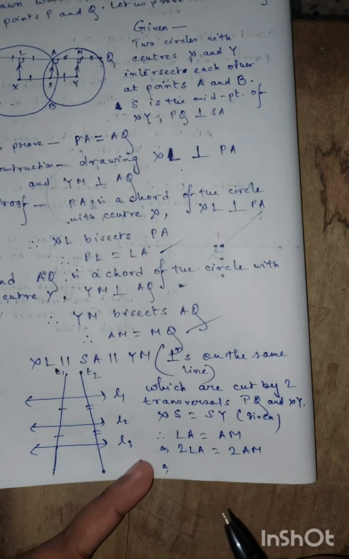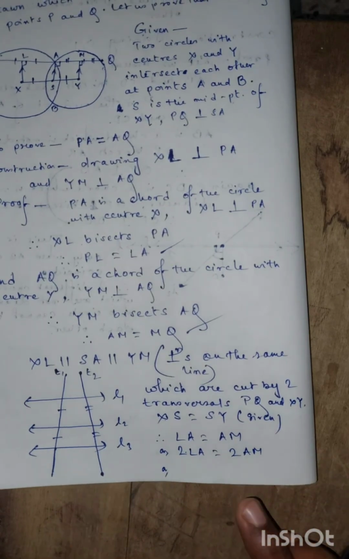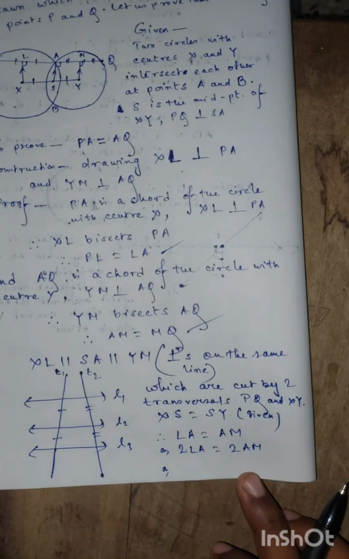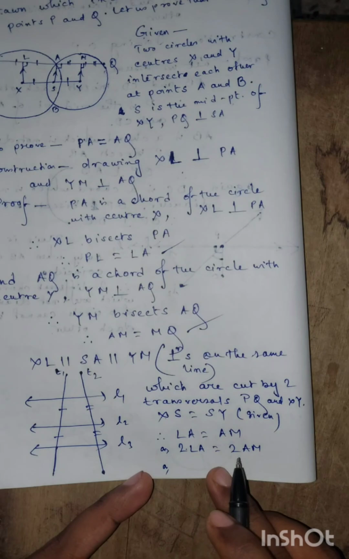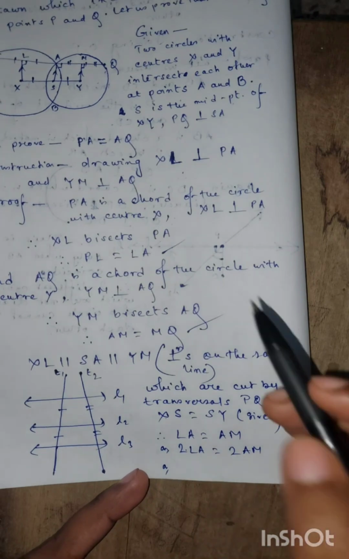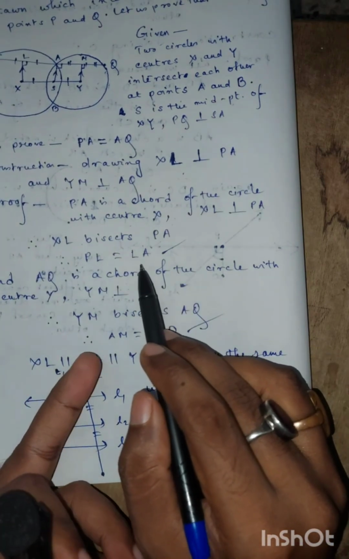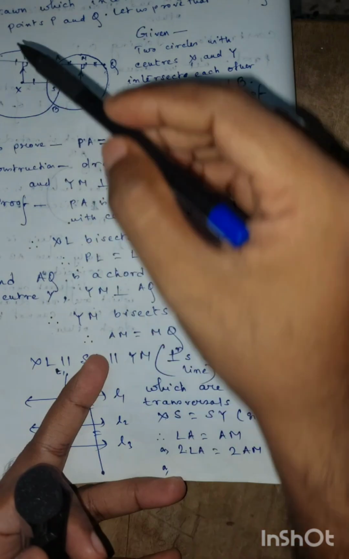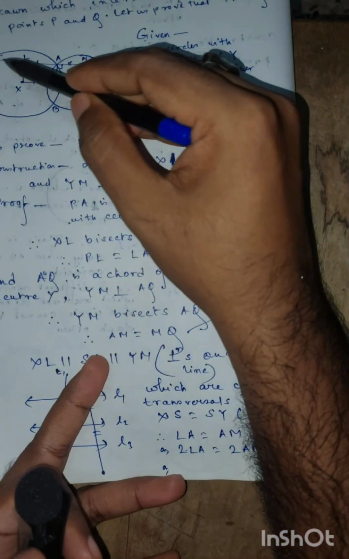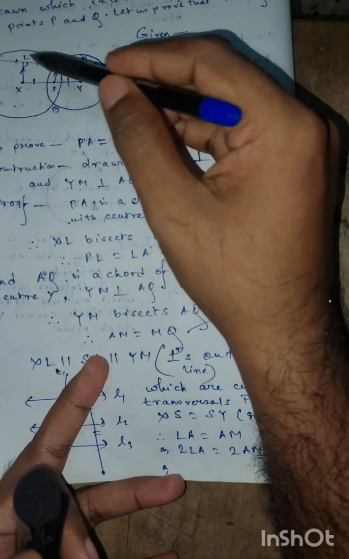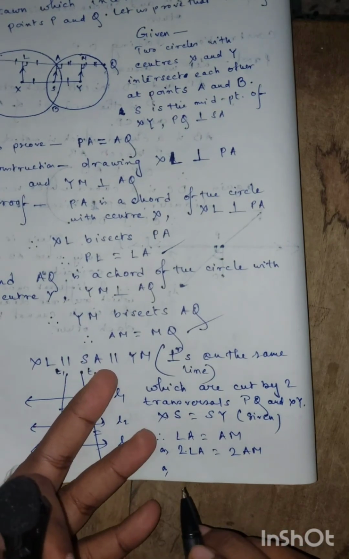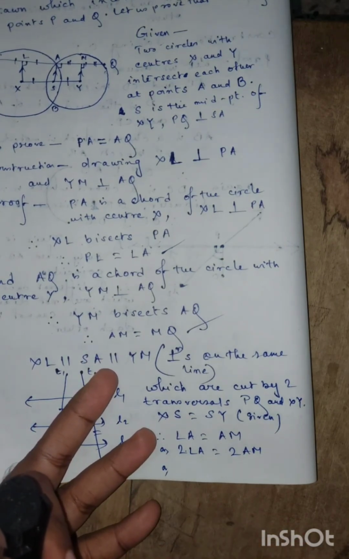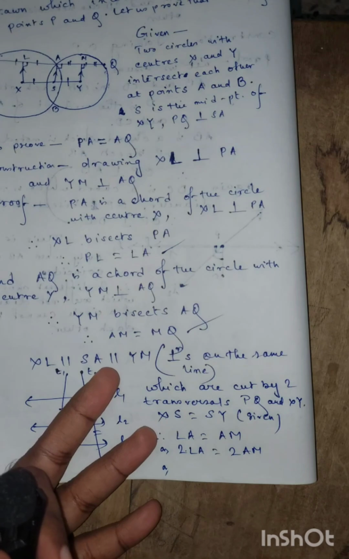LA is equal to PL, so 2LA is actually PA.